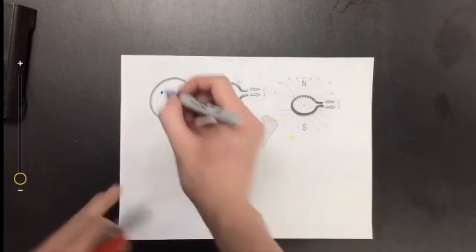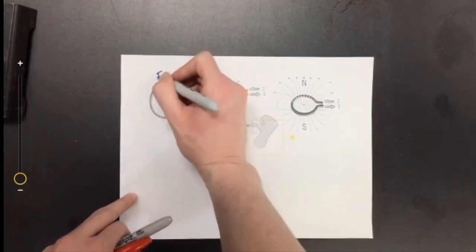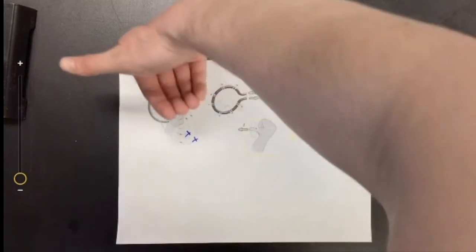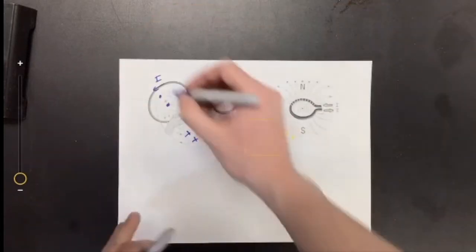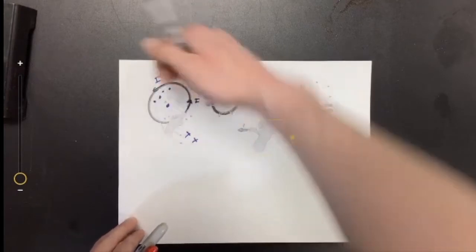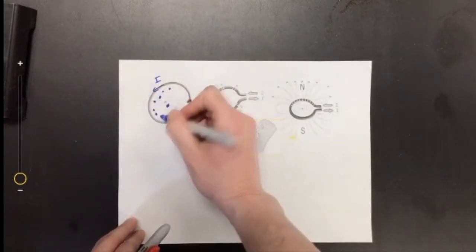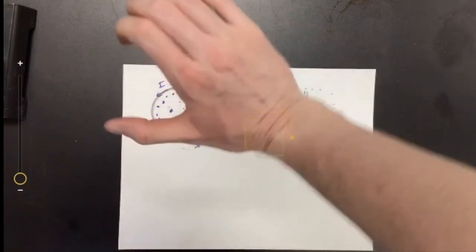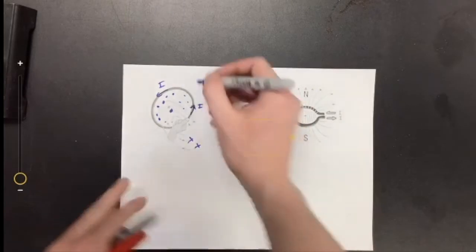If I'm looking up here and current is now going this way, as it's making its way around this looped conductor, same thing, still dots for the magnetic field, still coming out of the page. So kind of everywhere in here, I have dots. What about out there? Well, everywhere outside of the loop, I'm going to have X's.